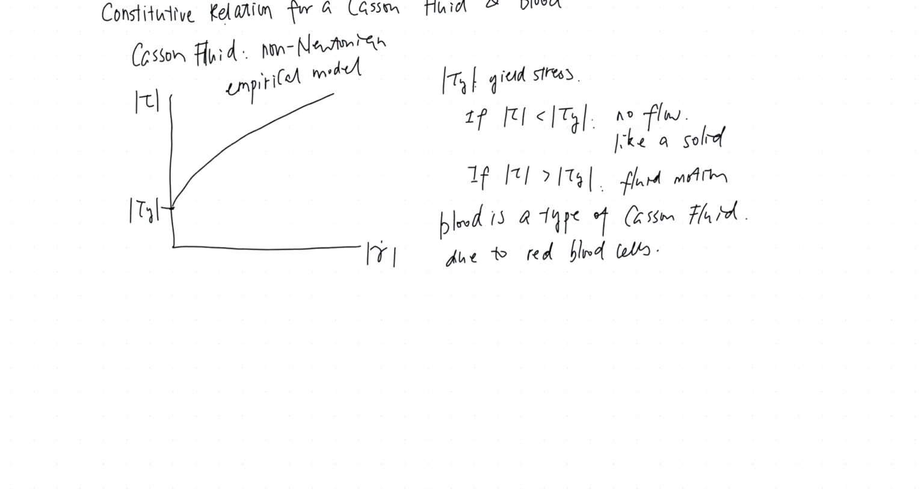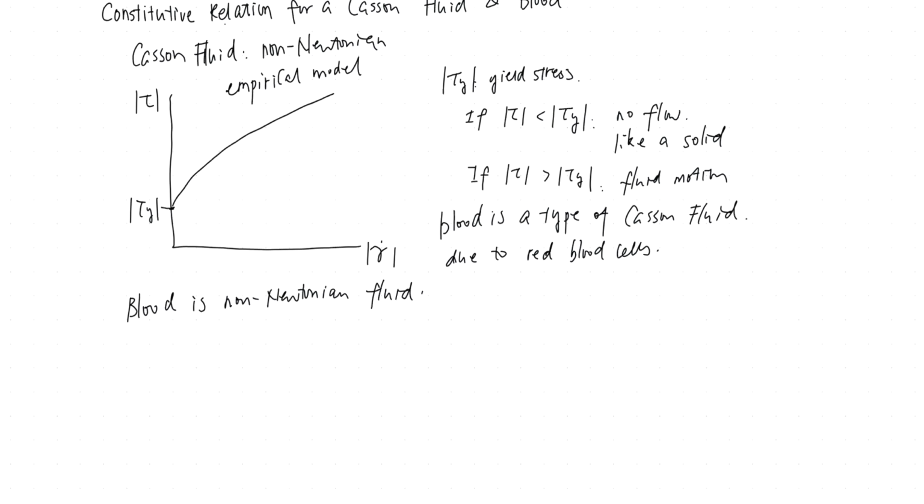So let's look at the blood. We know that blood is a non-Newtonian fluid. When you describe blood, you cannot use a single viscosity to say this is the viscosity of the blood.